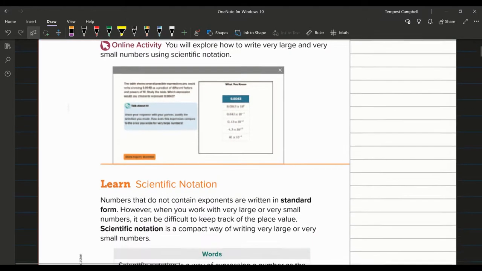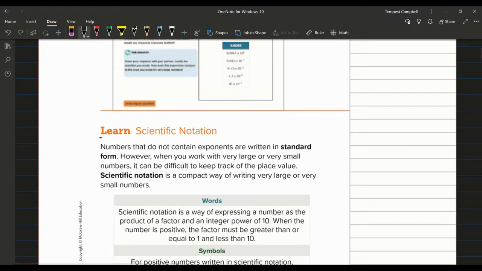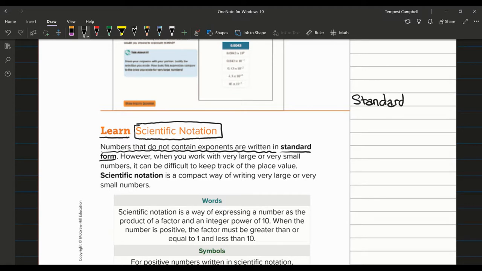There is an explore activity. And today we are going to learn first about scientific notation. And so we see numbers that do not contain exponents are written in standard form. So in our notes on the side, I'm going to write standard form.